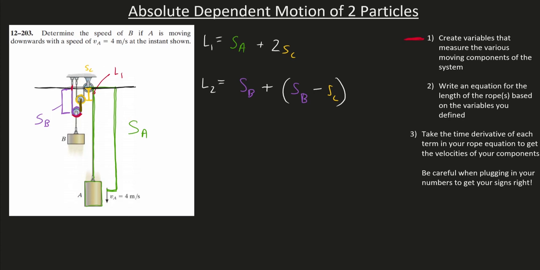So if I take the derivatives really quickly, let's do the top. The derivative of the rope 1 length, of course, is 0.